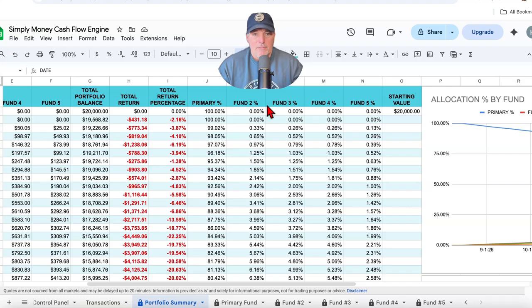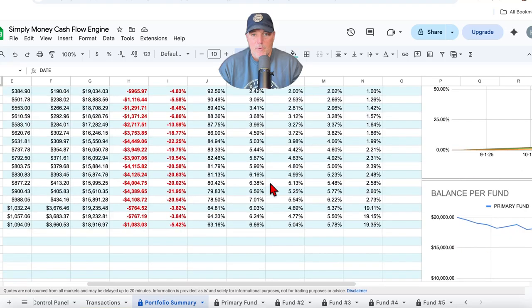So over here, what we have is the percentage of your portfolio that is in primary fund and Fund 2, 3, 4, and 5. As you can see, we started out with the primary fund had 100%. But as we begin buying in and transferring that money, we come over here at the end, you can see you're down to 63% of your fund is in Ulti, and then 6%, 5%, almost 6%.